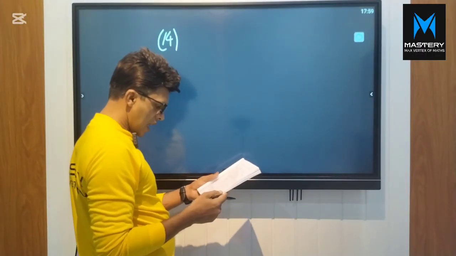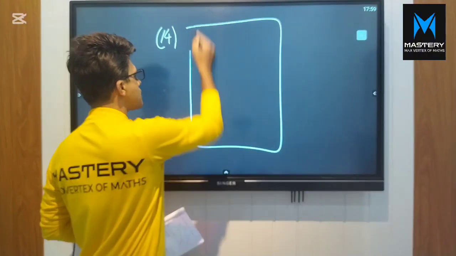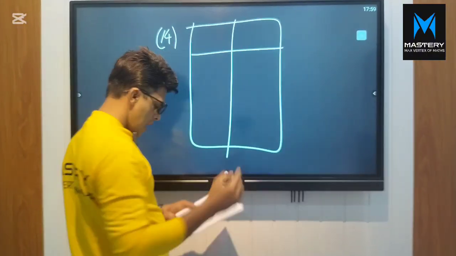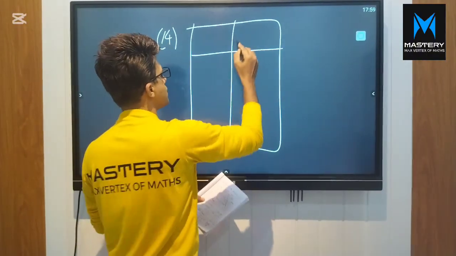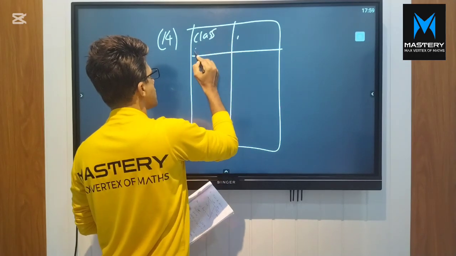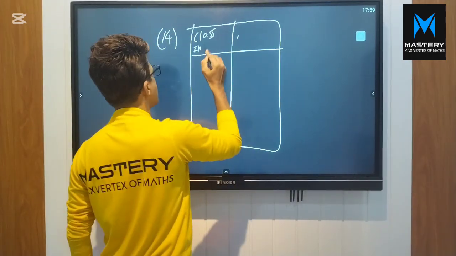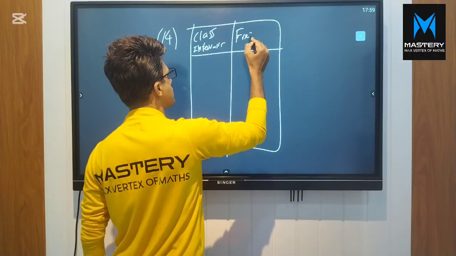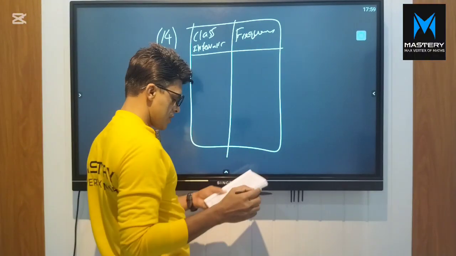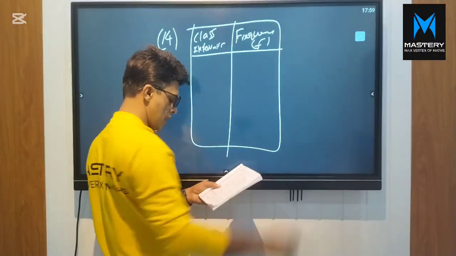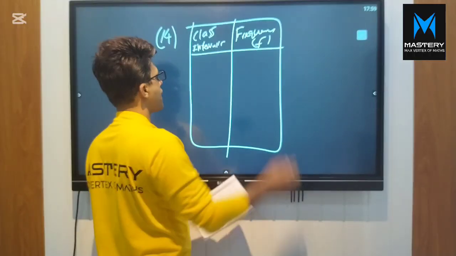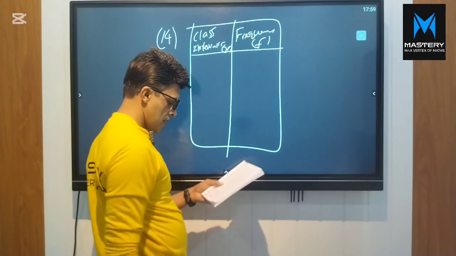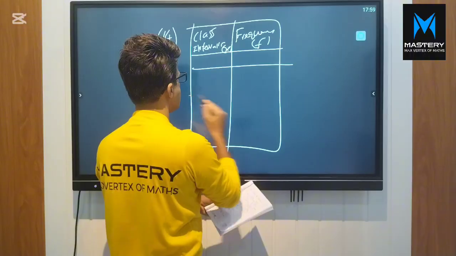Here it has given class intervals, and also the frequency of the class intervals. Frequency is denoted by capital F, right? This is class intervals X. So 3 classes are given here.